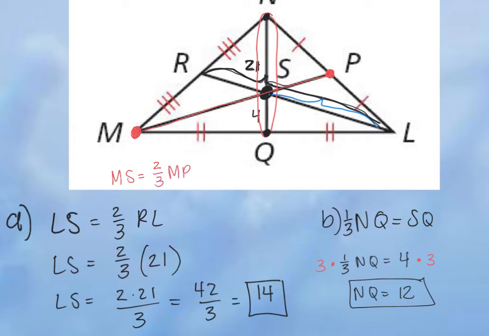And then that second 1/3 is going to be SP. So SP will be equal to 1/3 times MP, the whole length. If you combine those, 2/3 and 1/3, you'll get the full distance, which is just 1 MP. That's just an example, to help you guys see it a little bit better.